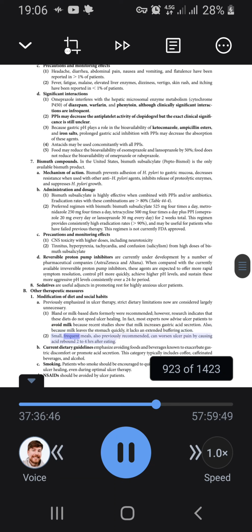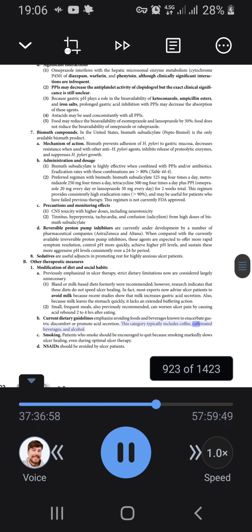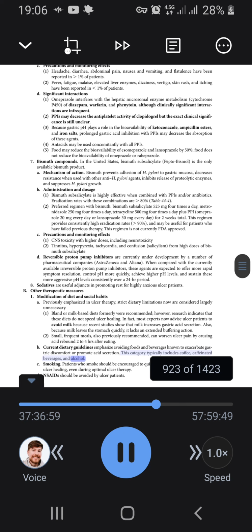Small, frequent meals, also previously recommended, can worsen ulcer pain by causing acid rebound 2 to 4 hours after eating. B. Current dietary guidelines emphasize avoiding foods and beverages known to exacerbate gastric discomfort or promote acid secretion. This category typically includes coffee, caffeinated beverages, and alcohol.